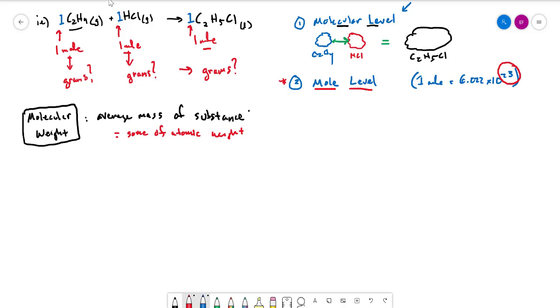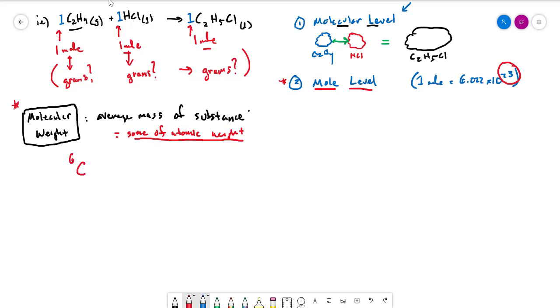In order to get from moles to grams, we need to introduce a new concept that's really similar to one we already introduced, called molecular weight. Molecular weight is the average mass of that particular substance, and it's the sum of the individual atomic weights. Remember, the atomic weight was that portion on the periodic table, the weighted average of all the isotopes of that atom.